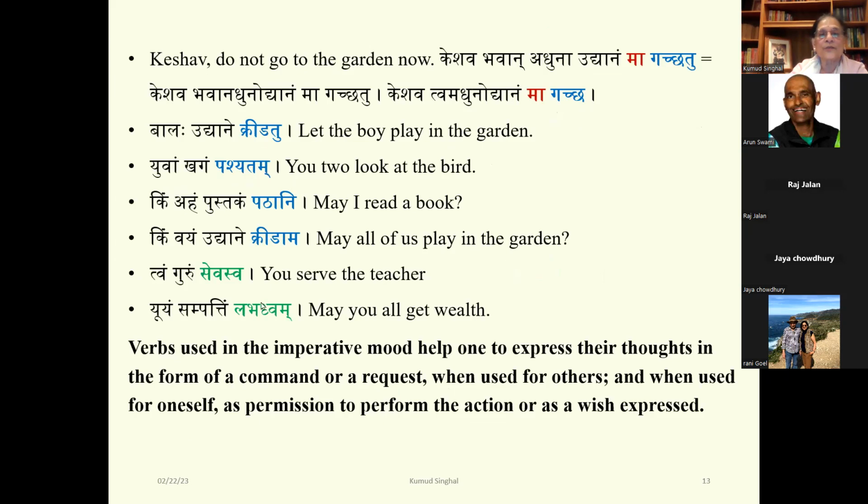We will use the other purushas too. Now, do not go to the garden now. With ma, you always use a prohibition, do not do this. Keshava bhavan adhuna udyanam ma gachatu. Here you've used the respectful form of you, bhavan.